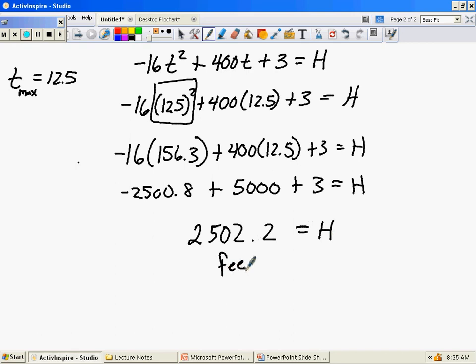It's just feet, the height. In other words, assuming that we had a rocket that really went that fast, that's pretty darn fast, what you're looking at is it would be reaching a height of 2,502 feet in 12.5 seconds. That would be pretty fast.